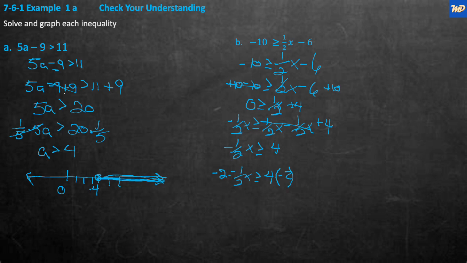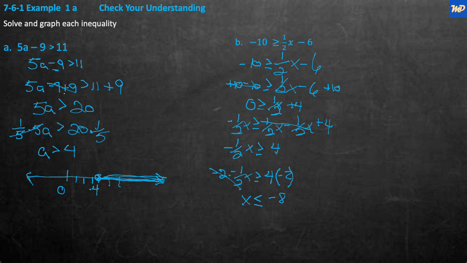So when we do this, the 2 and the half cancel, and we end up with x, and we've multiplied across the aisle here. We've got the -2 on this side, which is going to give us -8. But now we have to flip. Since we multiplied by a negative number on both sides to remove this half, we have to flip, so it's less than or equal to -8.